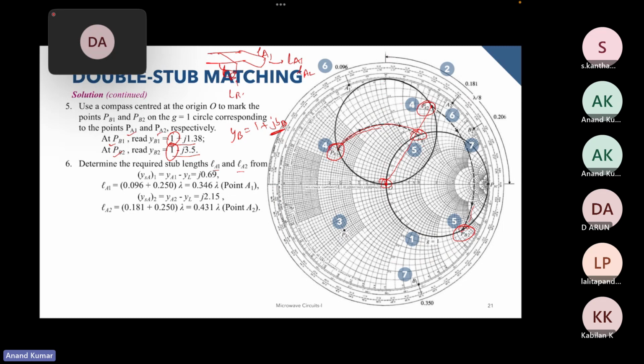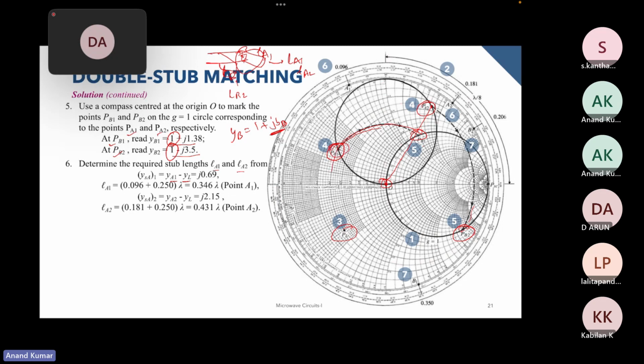So for the stub which is attached directly to the load, we'll find their values. If you look closely, if you read the values of YA1 and minus YL, so YL is over here, and we have YA1 over here.